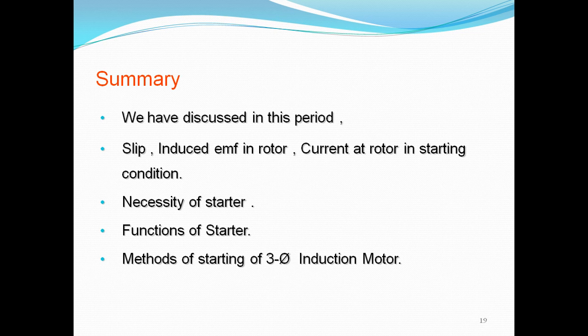So these three starters are used for squirrel cage motor, and the rotor resistance starter is used for slip ring motor, where we can add some external resistance in series with the motor.